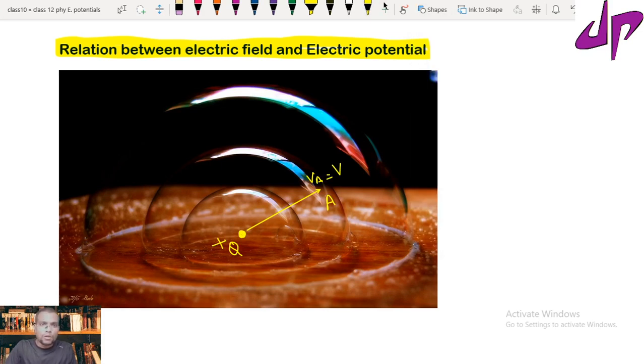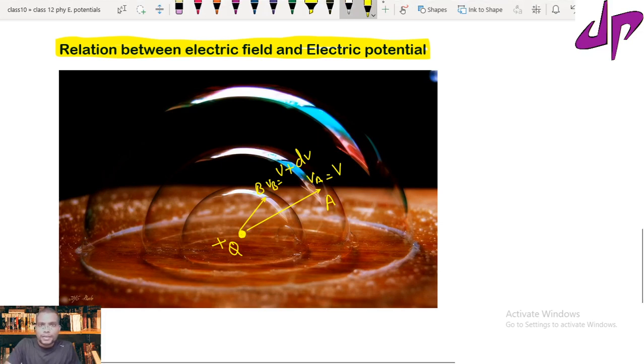Now I will take one more equipotential surface, which is at point B. The potential at point B I can write as VB equal to V plus dV. So dV is a small extra potential because the point B is very close to the source charge, so automatically the potential value will increase.